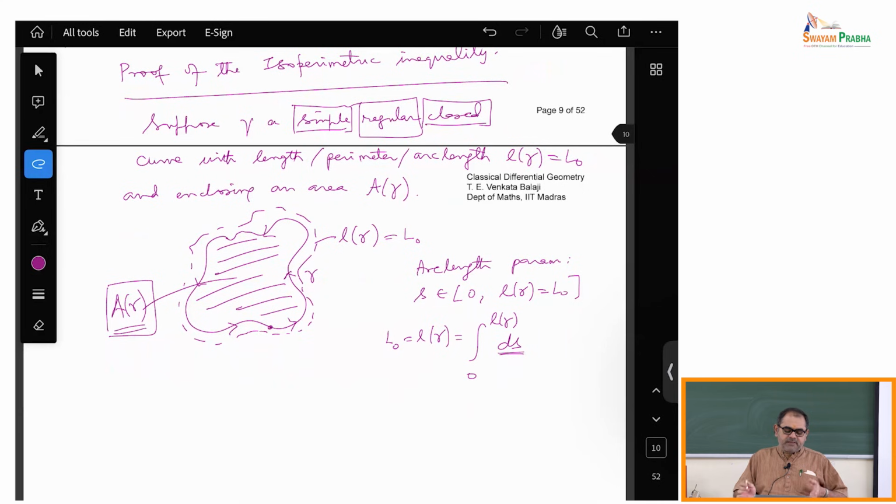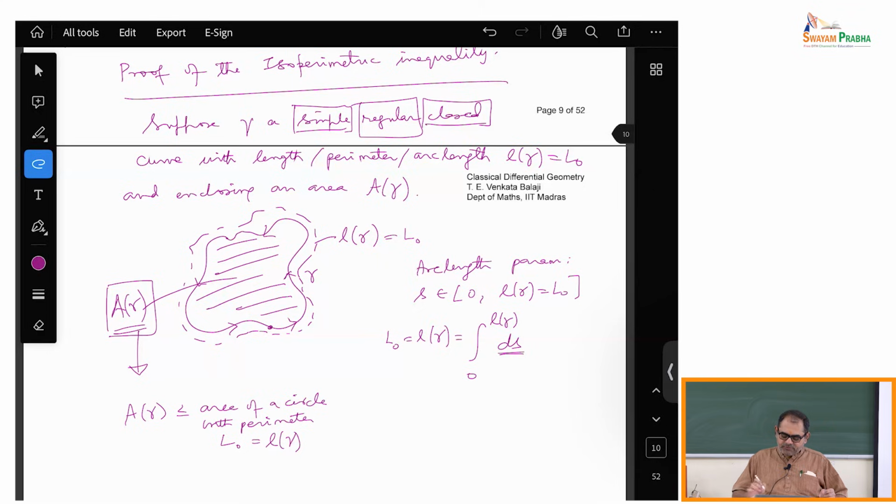And what is the isoperimetric inequality statement? The isoperimetric inequality statement is that the area of this curve is maximum only when the curve is a circle with the same perimeter. So A of gamma is less than or equal to the area of a circle with perimeter L naught, which is equal to L of gamma.